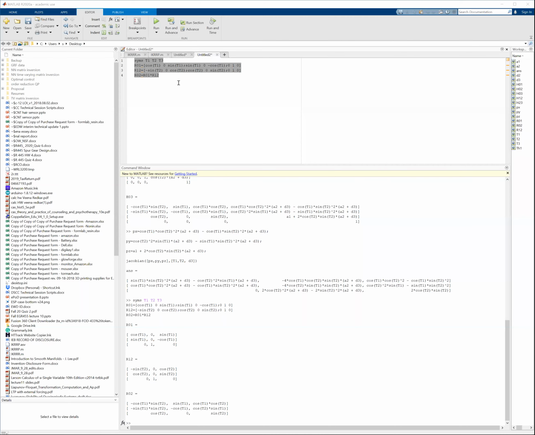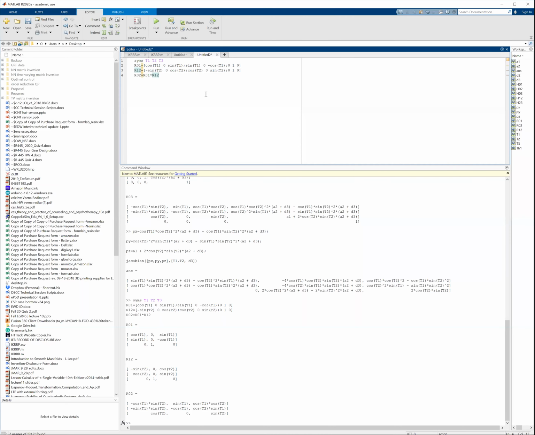Okay, now what we need to do is find the angular velocity Jacobian. And to do that, I'm going to use some other symbolic variables, syms.